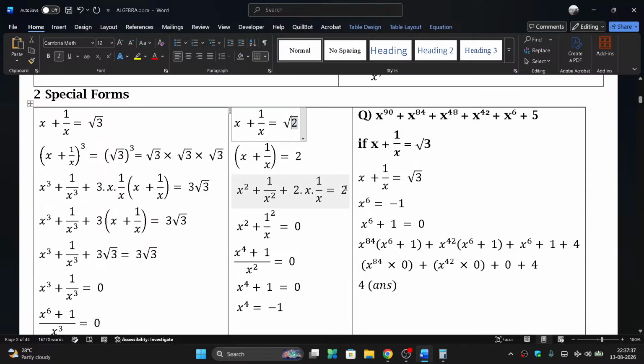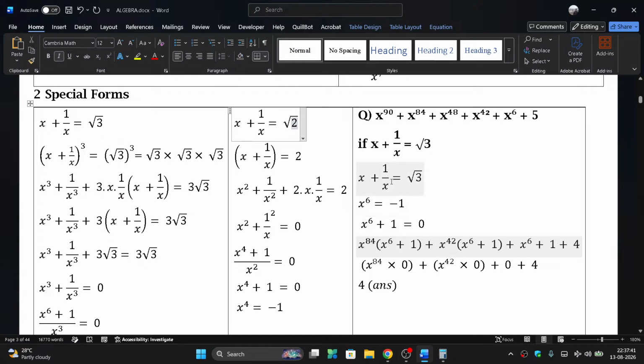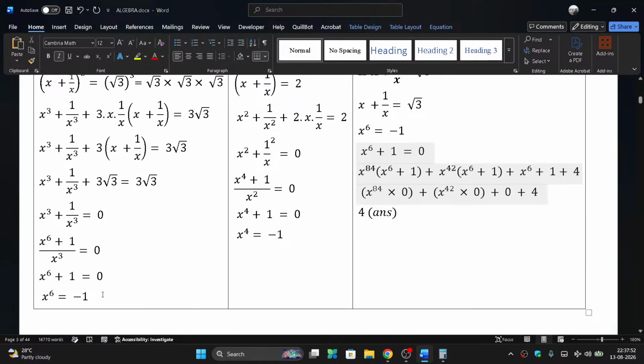It is understandable because here also x to the power 6 equals minus 1, and we have written that x to the power 6 plus 1 equals 0 because of the step before it, the value of x to the power 6.